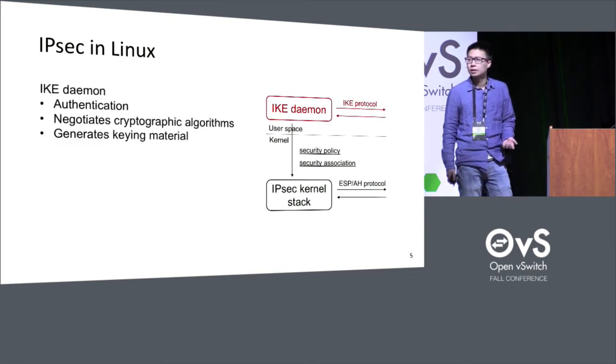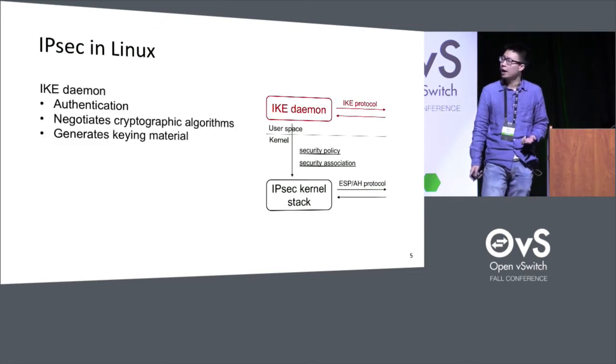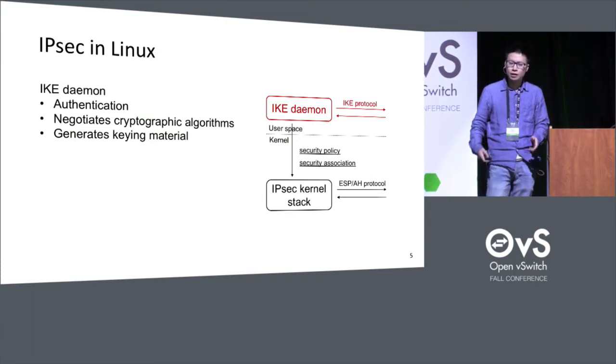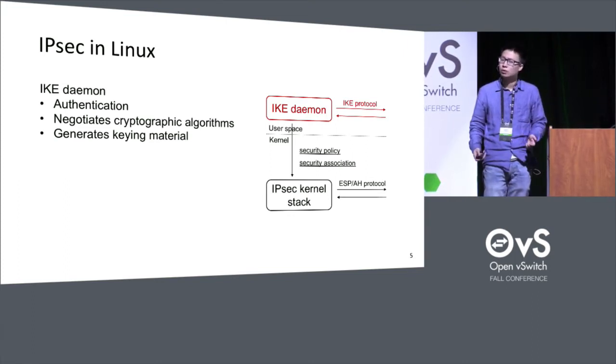The IKE daemon runs the IKE protocol and does authentication. It authenticates the other host's identity, and it negotiates the cryptographic algorithms both hosts want to use.